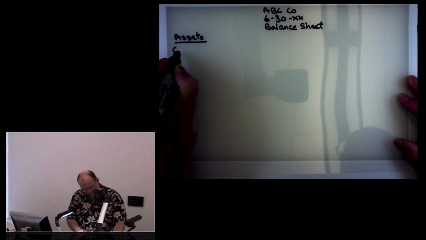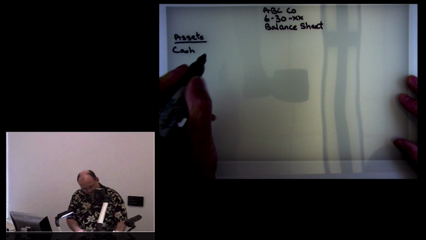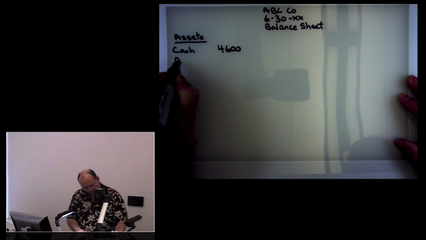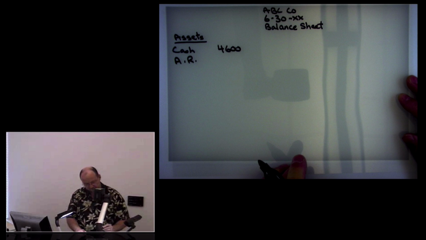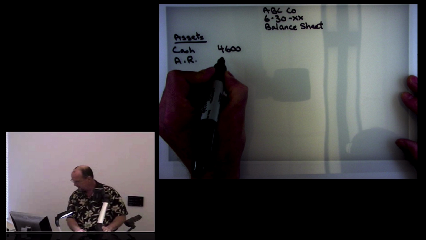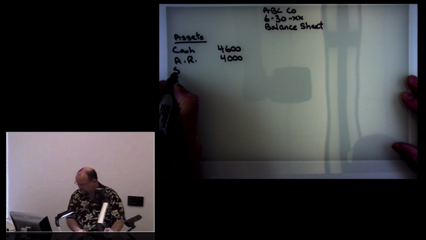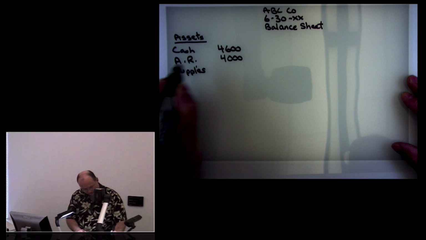On the left, we'll have our assets. We have cash, $4,600. We have accounts receivable, which I'm going to abbreviate AR for accounts receivable, and that's $4,000. Supplies.